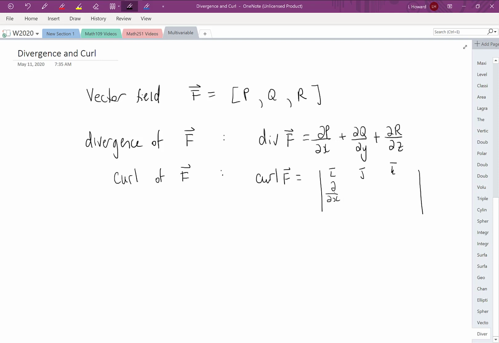So we're going to write the symbols ∂/∂x, ∂/∂y, and ∂/∂z. And then in the bottom row here, we write the components of the vector field. So the P, Q, and R, whatever functions those might be. So that's how we're going to set up curl F. Now let's jump into an example and we'll see exactly how to calculate the divergence and the curl.